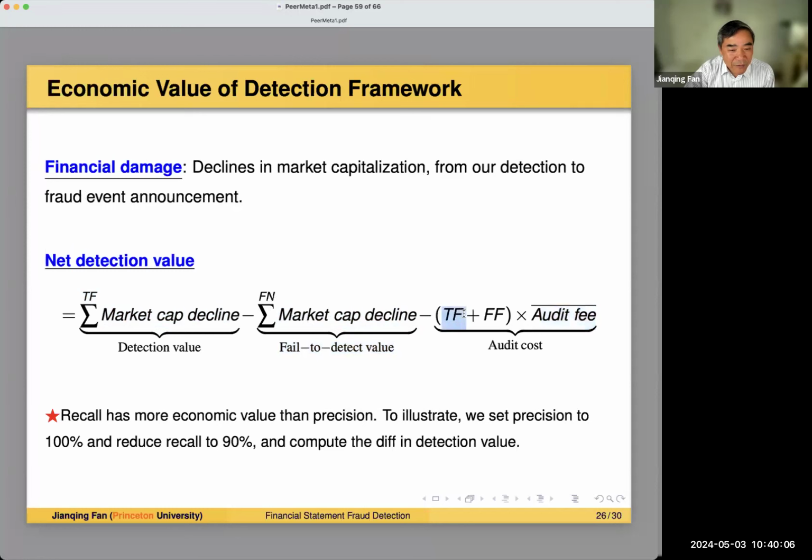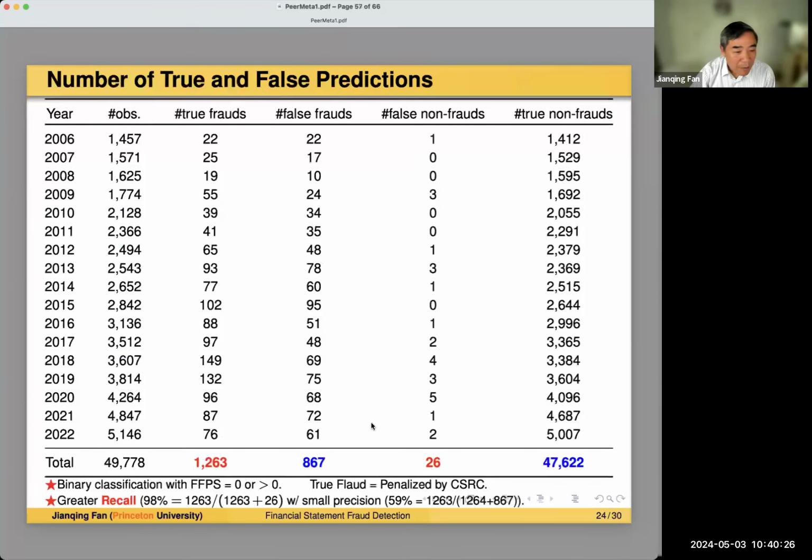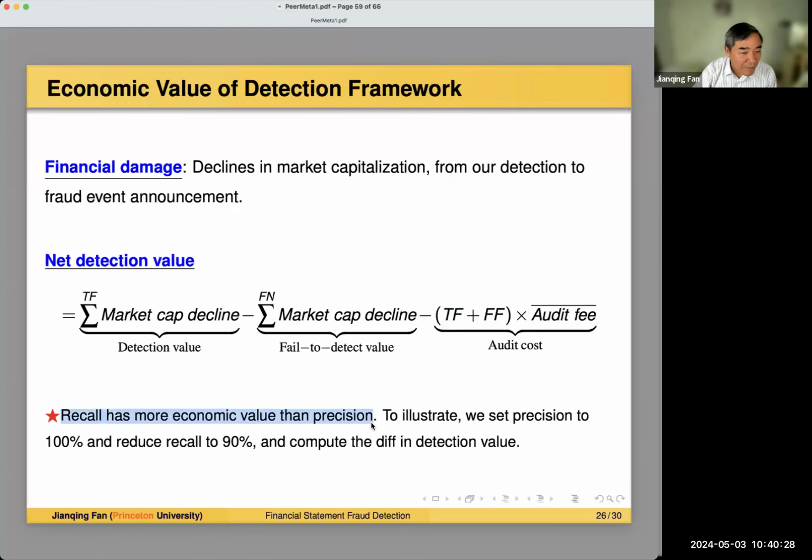This is the auditing fee for auditing these firms through discovery, plus the false discoveries' auditing fee. We add those together. And so this is the market value. And we claim that recall is far more important than precision because the potential financial loss is much bigger than the auditing fee.